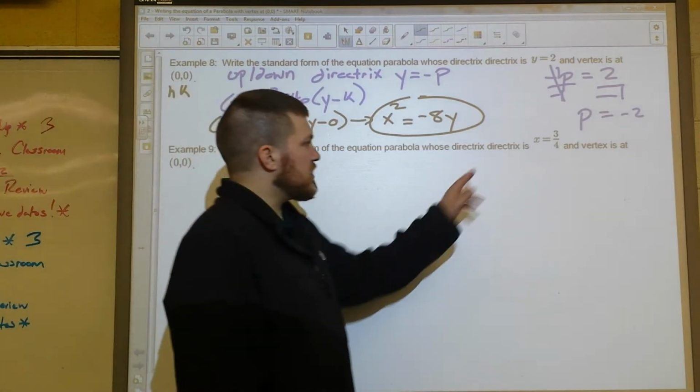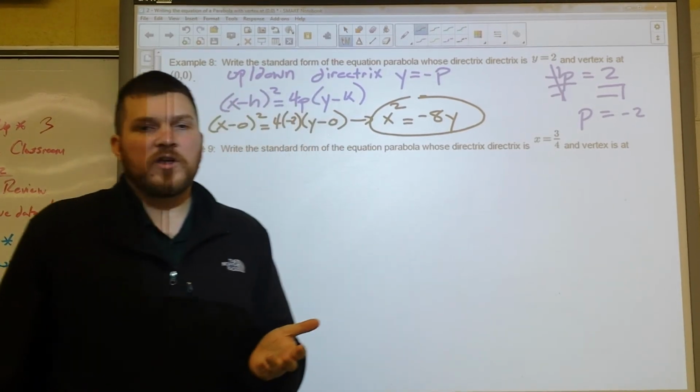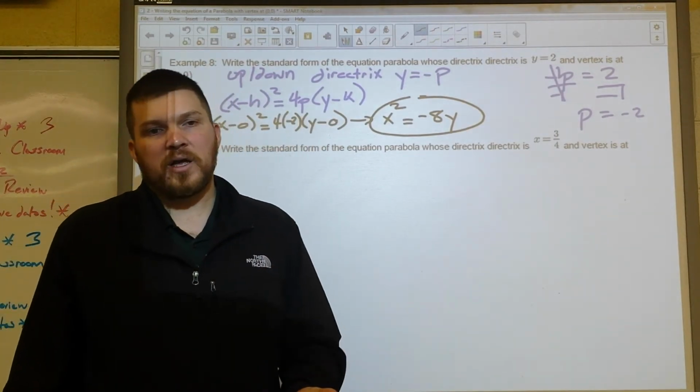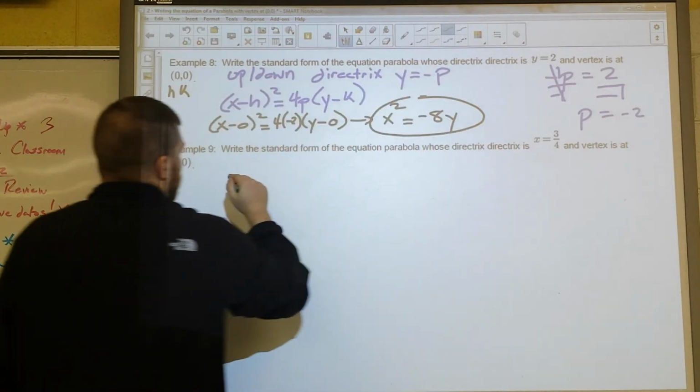In the next example, my directrix is x = 3/4. Think about it: x always tells us to go right or left. So that means this parabola is going to be a right or left parabola.